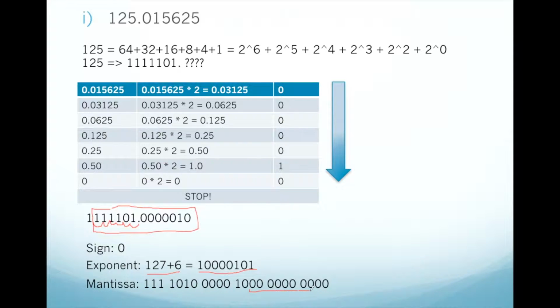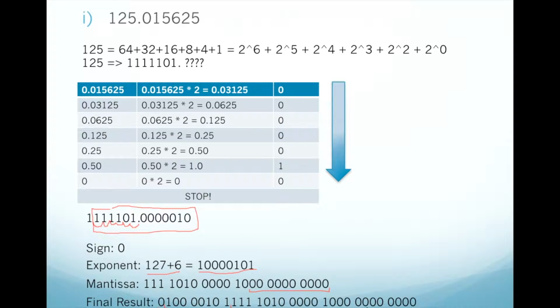So that's pretty much our number. That's going to be our final result with our sign right here, our exponent over here, and our mantissa the rest of the way. And you just follow it up with zeros.